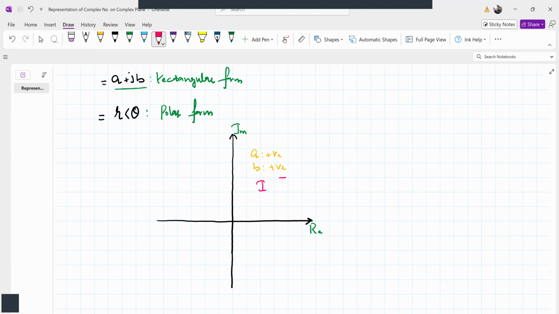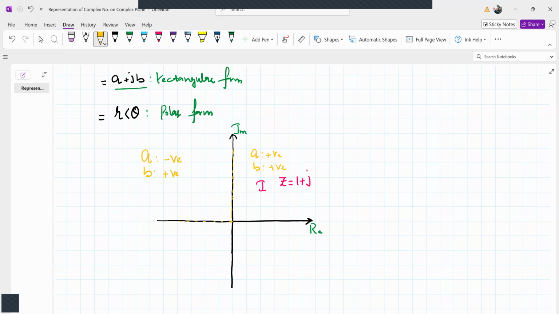For example, if we say z is equal to 1 plus j, here a is equal to 1, b is equal to 1. So this complex number will lie somewhere here in this complex plane. Similarly, if a is negative, that means on this side, because the negative real axis is here, and b is positive, the positive imaginary axis is this.